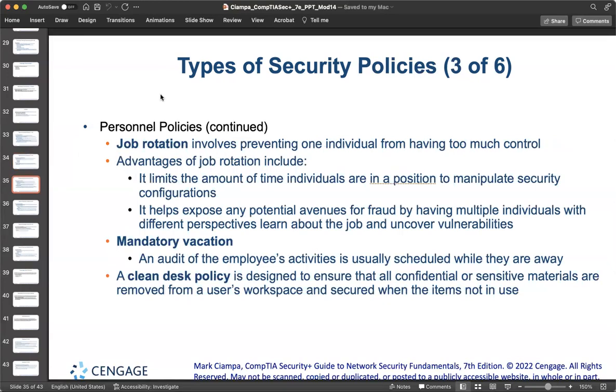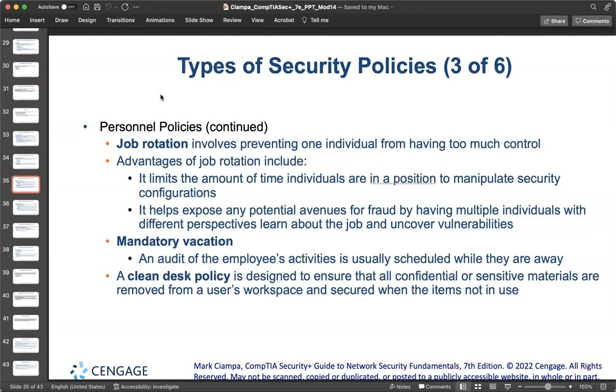Job rotation is another personnel policy that is useful to be applied for security and business continuity. It involves preventing one individual from having too much control, right? It limits the amount of time individuals are in a position to manipulate security configurations, find the loopholes, and abuse them.